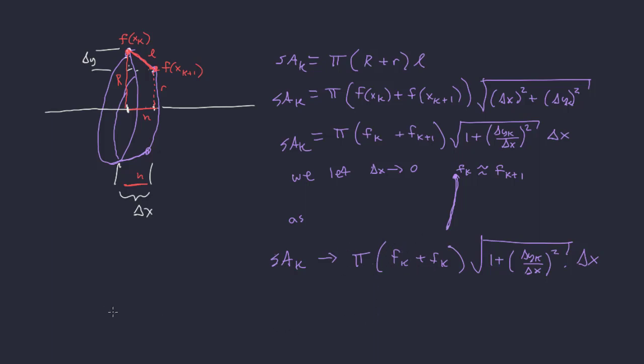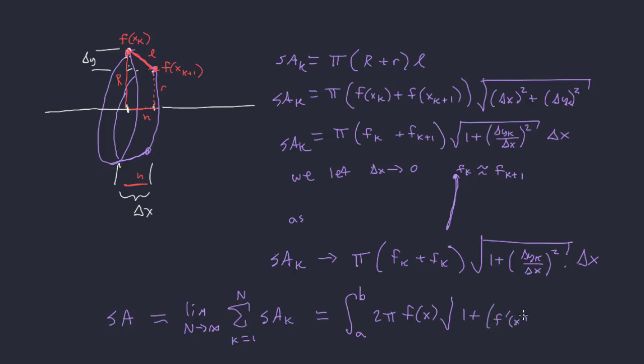So the surface area equals the limit as n goes to infinity of the sum of k going from 1 to n of these surface areas, which will be the definite integral from a to b of 2 pi, so the pi comes from these two added together, f of x times the square root of 1 plus f prime of x, all squared, dx.